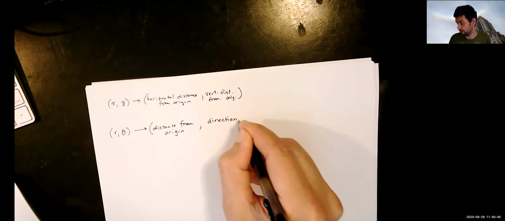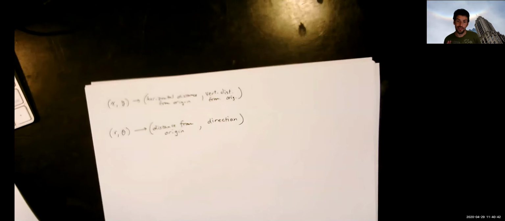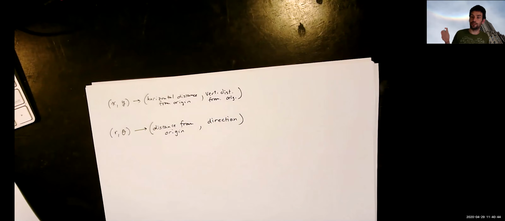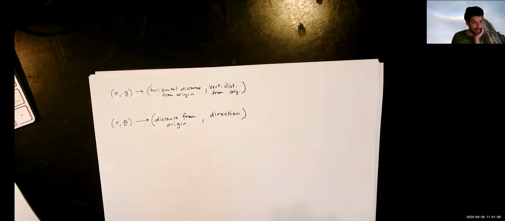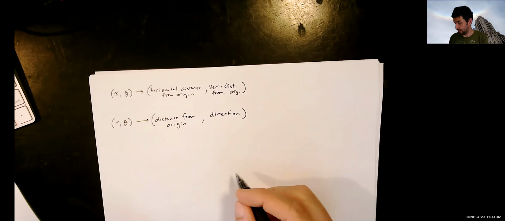If you're trying to point out something in a room, instead of saying it's 5 feet in front of me and 7 feet to the right, you might say it's over in that direction by about 4 feet. That tells somebody which direction and how far to go to find the thing you're talking about. So that's the idea with polar coordinates.